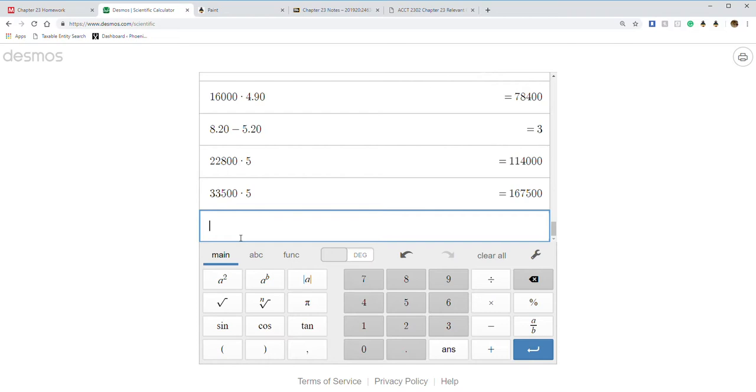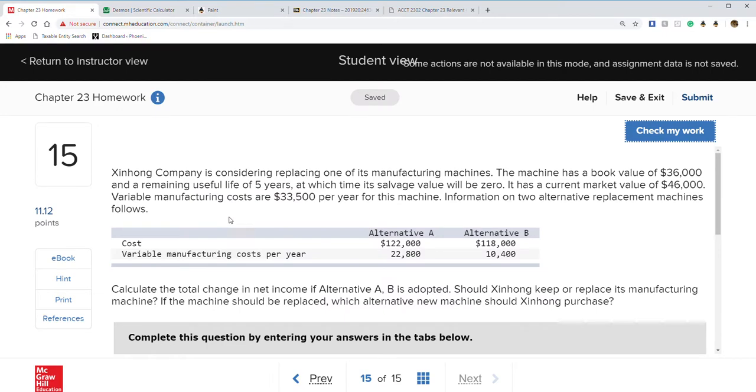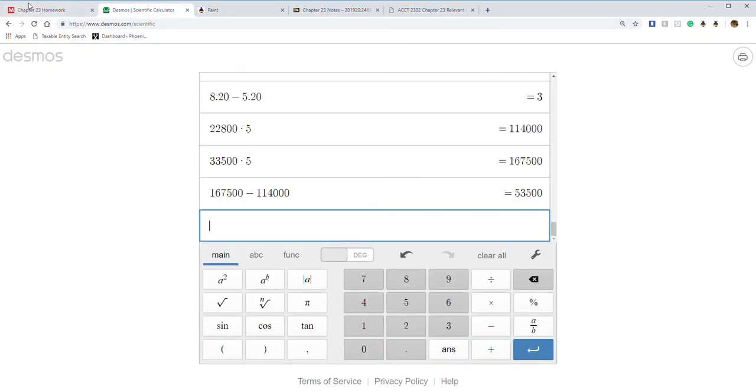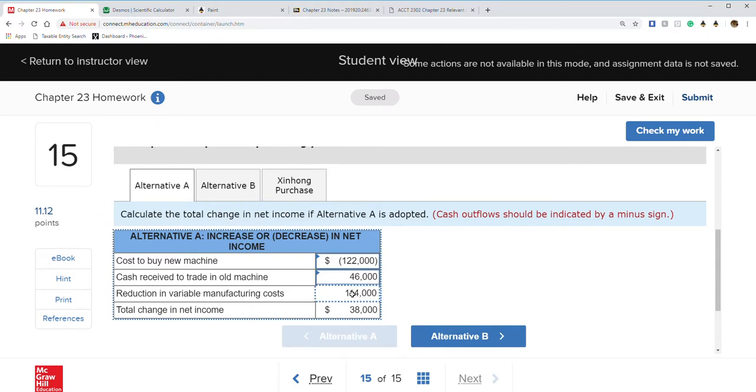Let's find the difference. So technically the other one was going to make us more, so this is actually a loss of 53,500. Let's see if that's what it is.